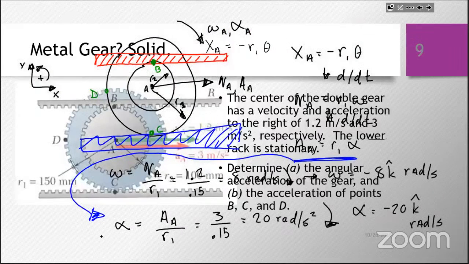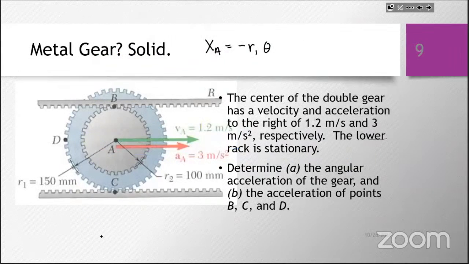If I'm standing at A here, give me the vector to get me to C. Right, so I need a magnitude, a distance, and I need a direction, right, X and Y. So how do I go from A to C?